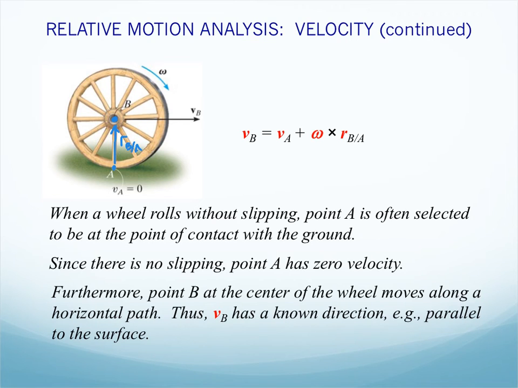The term that would express the velocity due to the rotation would be omega cross that vector. And so this becomes the case where we want to write each of these terms in vector notation and then put them into the equations.